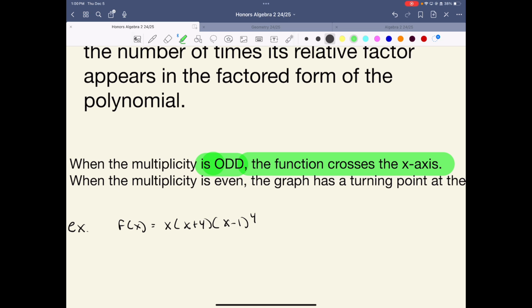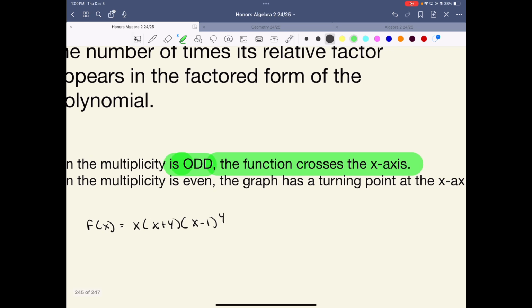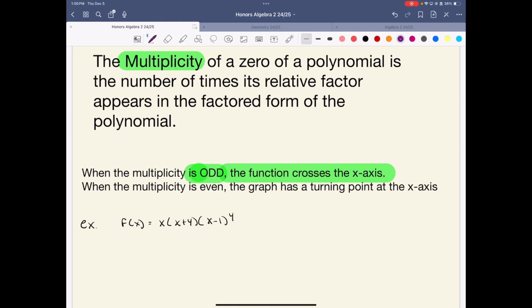So if it's 1, if it's 3, if it's 5, if it's 7, that means that when you graph it, say I've got a 0 that's sitting right there, and my graph is going in this direction. If it's odd, it's going to go right through that point. Now, it might turn and come back up this way somewhere down here, but it's going to go straight through it.